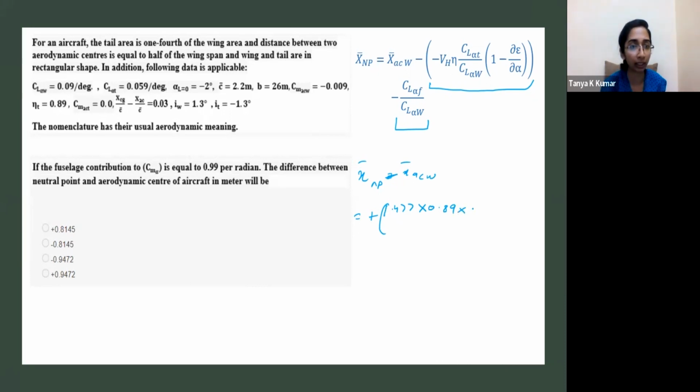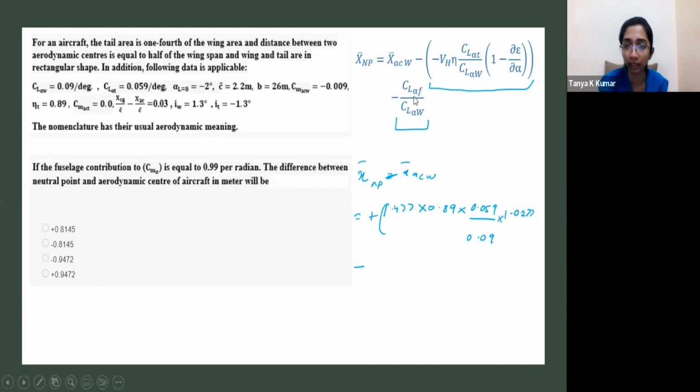CL alpha of tail is 0.059. CL alpha of the wing is 0.09 into 1 minus, how much is that value? 0.277. Right? That was that. Minus CM alpha of the fuselage over CL alpha of the wing.